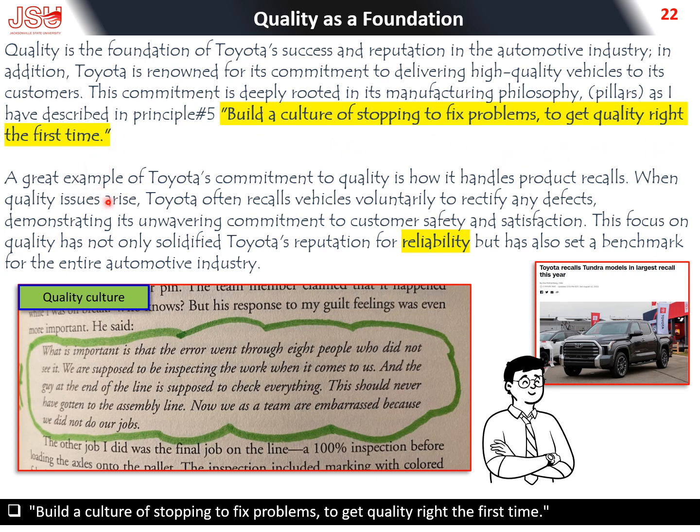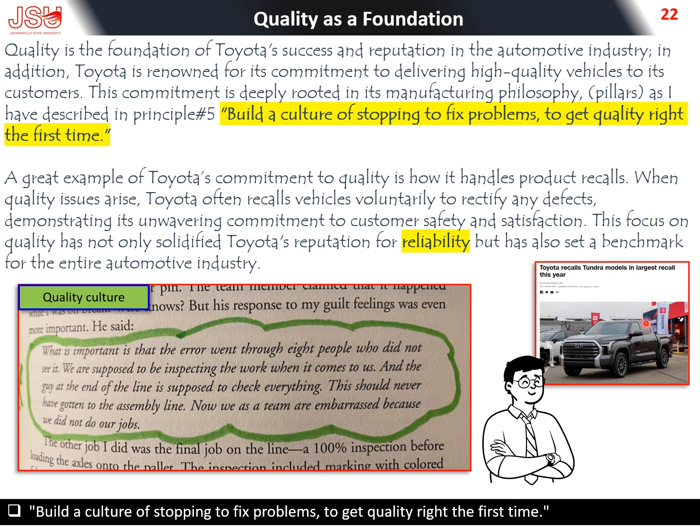A great example of Toyota's commitment to quality is how it handles product recalls. When quality issues arise, Toyota often recalls vehicles voluntarily to rectify any defects, demonstrating its unwavering commitment to customer safety and satisfaction. This focus on quality has not only solidified Toyota's reputation for reliability, but has also set a benchmark for the entire automotive industry.